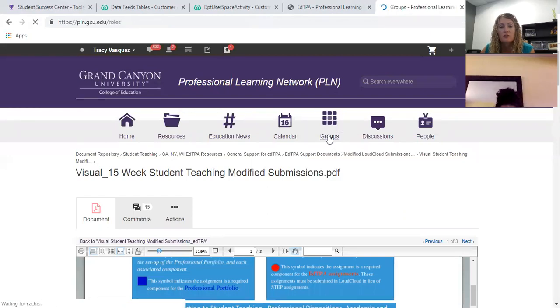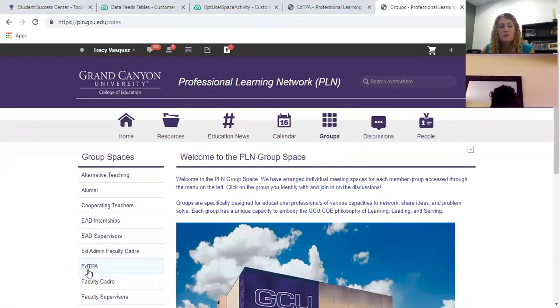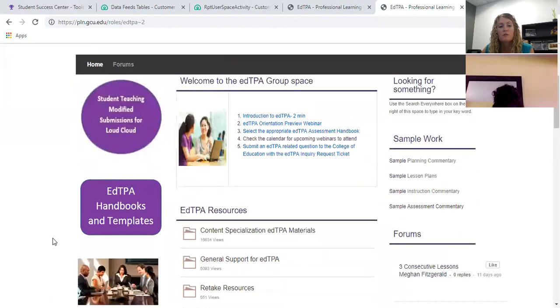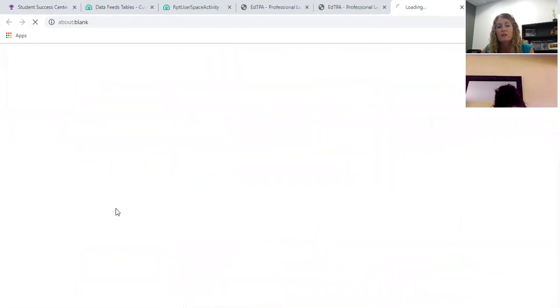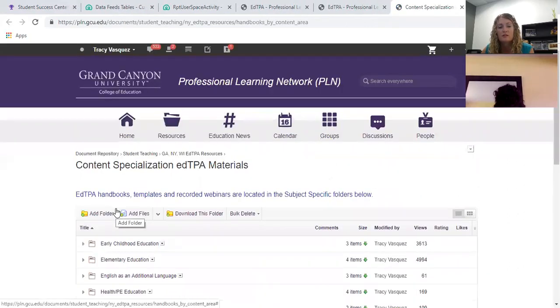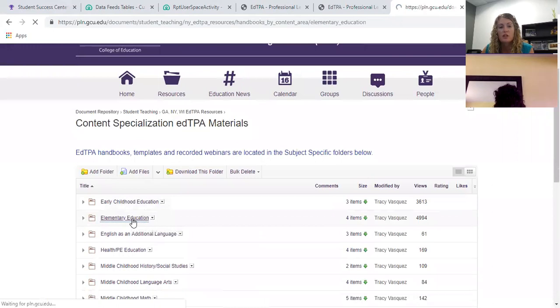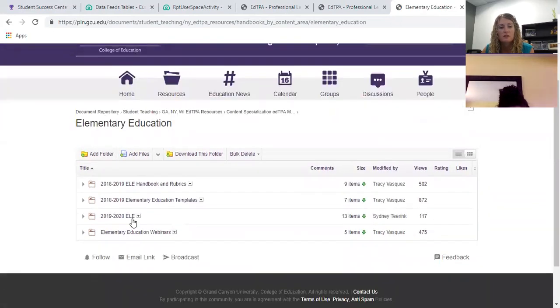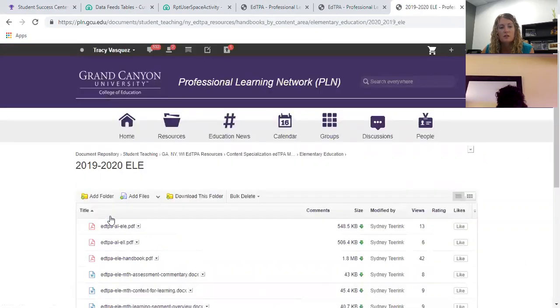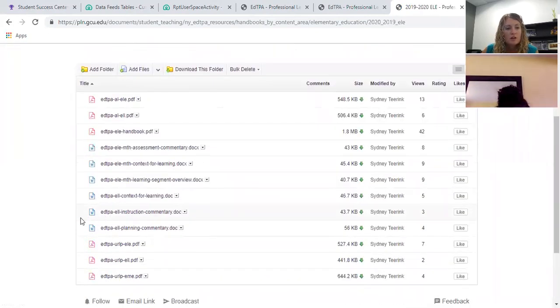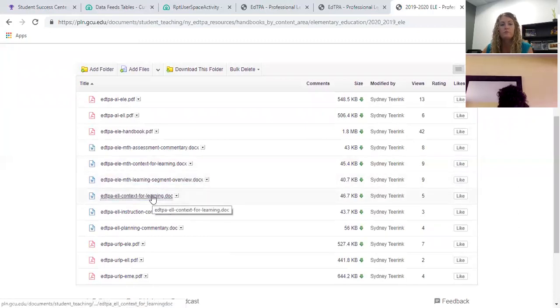All the templates are going to be, if you click on groups and EdTPA, if you click on the purple square, this is going to take you to the handbooks and templates. Select elementary education, 2019, 2020. And this is the context for learning information template. Okay?